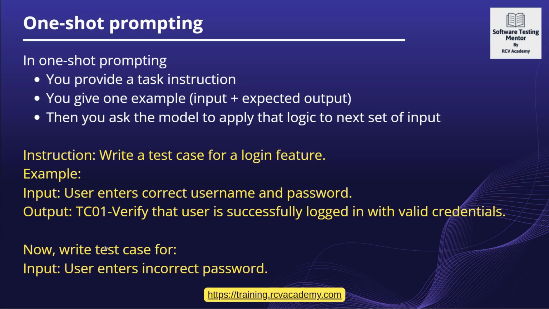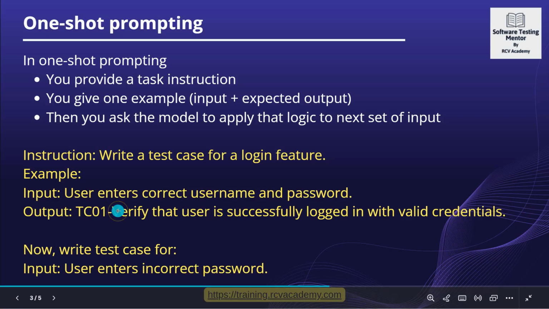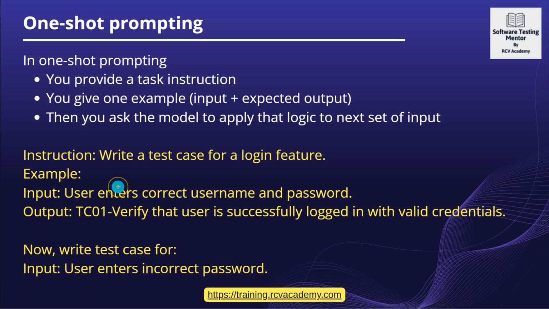That's how you are teaching the LLM as well. You are providing the example, like a new person joining your team, and asking them to create the next set of test cases in a similar format. So that's the analogy you can remember to understand one-shot prompting, wherein you will have one example. One shot, one example. Zero shot, no examples. Okay, so that's what one-shot prompting is.